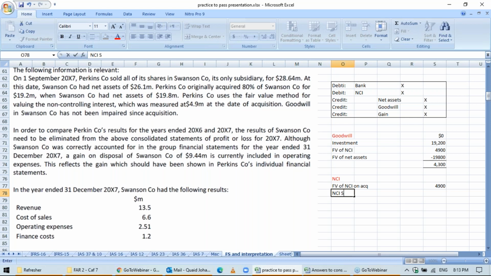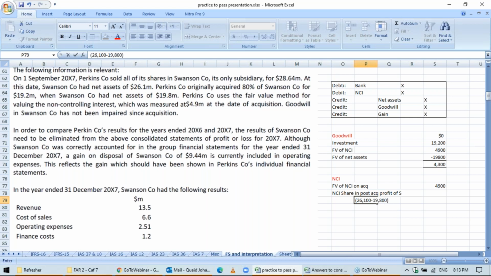So NCI's share in post acquisition profits of the subsidiary. Now what are the post acquisition profits? See, in the question they say the net assets now are 26.1 million, right? And earlier they were 19,800. So they have increased.